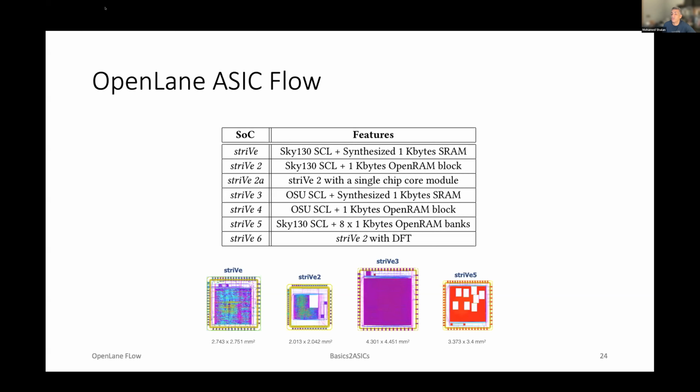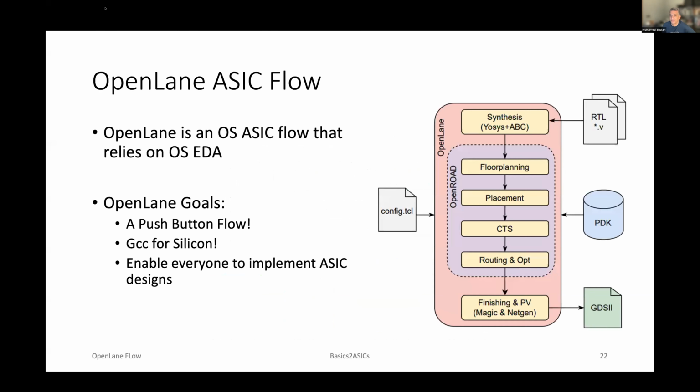6 system chips that are built around one of the RISC-V CPUs, with different configurations and different features, as you can see. All of them were implemented using the OpenLane flow. OpenLane is an open source ASIC flow which uses open source EDA and can be used with open source PDKs, whether it's Sky 130, Sky 90, or GF 180.